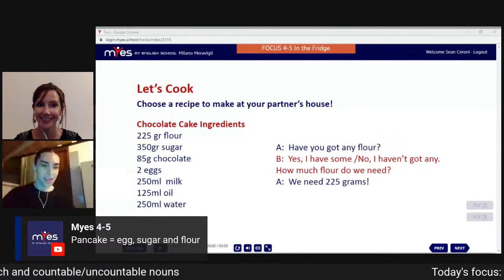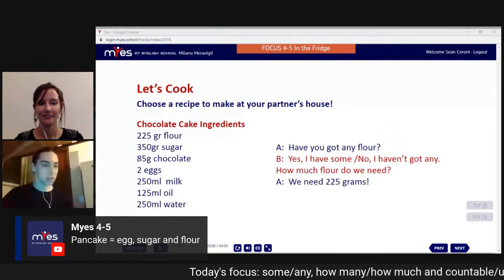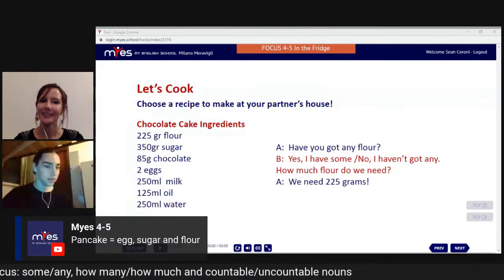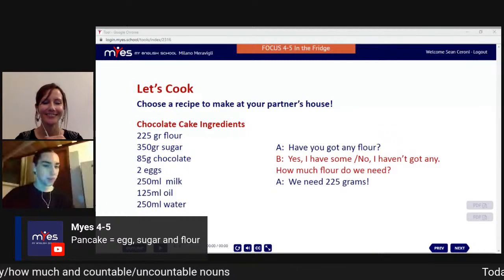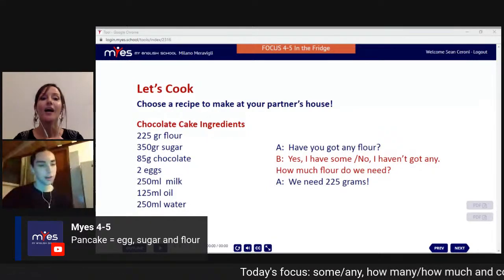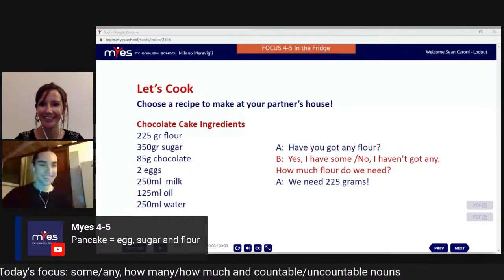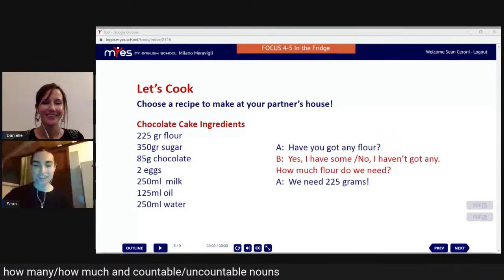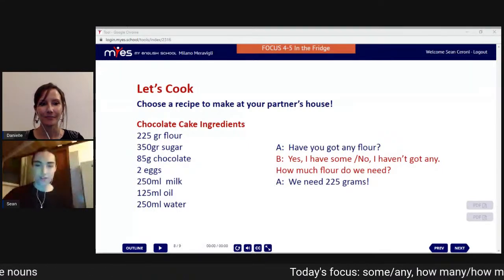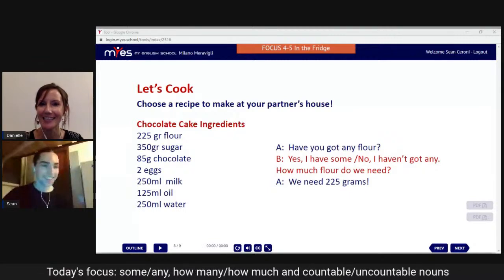For me, the difference with omelette and pancake is that there's no egg, funnily enough. So a lot of milk and sugar and flour. Yeah, and milk. I forgot milk. Yeah, we put milk in as well. Have you got egg, sugar? No, you don't. No, I can't make a pancake tonight. No, neither can I.